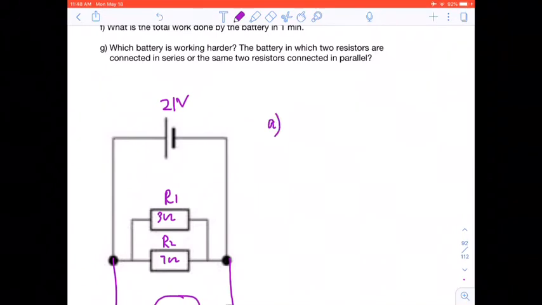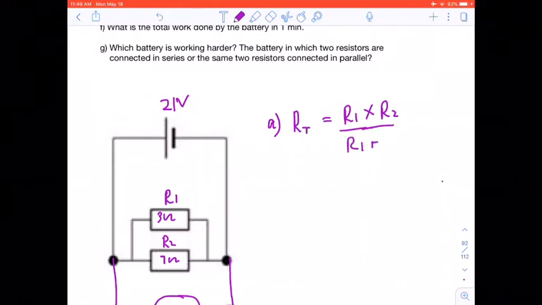Now if we look at A, we want to know what R total is. R total is equal to R1 times R2 upon R1 plus R2.